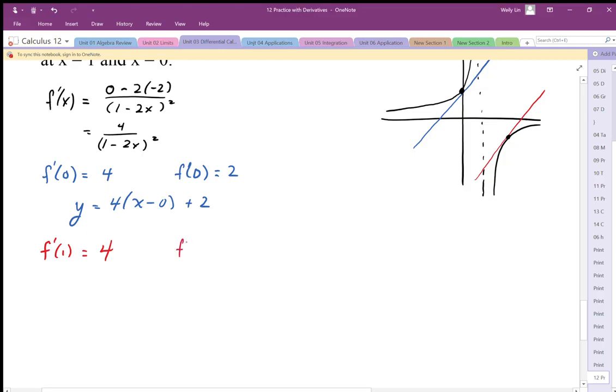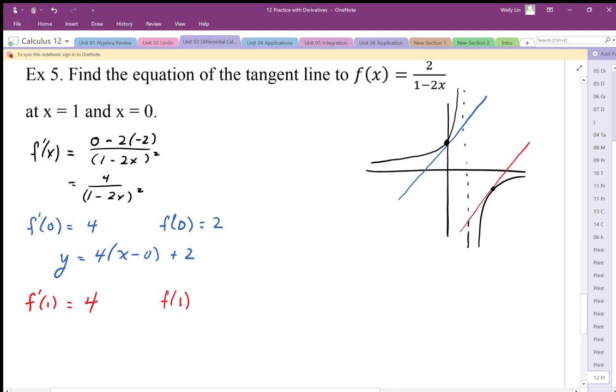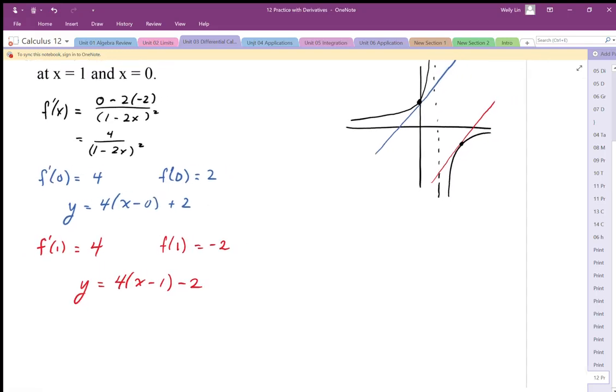And f of 1, when I plug 1 into my original equation, I end up with 2 over 1 minus 2, which is -1. So I get a y coordinate of -2. Then plugging that into my point slope formula, I get y plus 2 equals 4 times (x minus 1). So there's the tangent line to that coordinate.